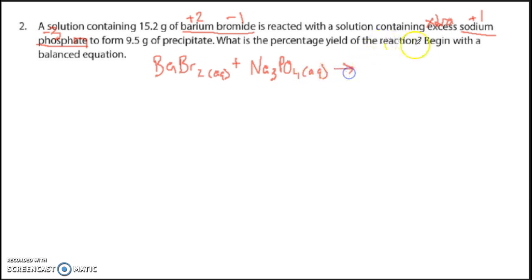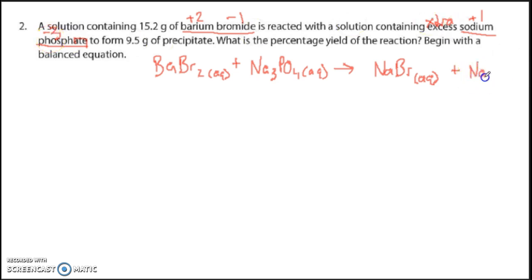That is a double replacement reaction. So I'm going to switch up the barium and the sodium. Sodium is a +1. Bromine is a -1, so those fit together with a NaBr. Sodium never, ever, ever makes solids, so that's aqueous. And then my other thing is a barium with a +2 and the phosphate of -3.